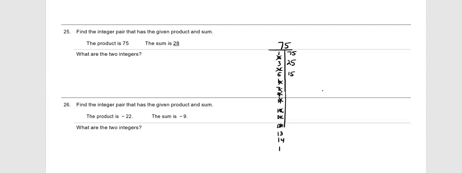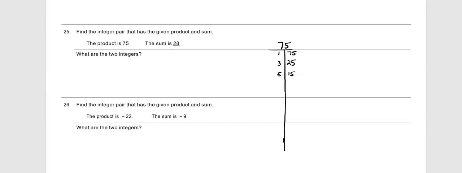We'll find that once we get back down to 14, we'll be going back to the factors that we already have, which would be 15 times 5, and so we don't want to repeat any of those factorizations. So we have only 1 times 75, 3 times 25, and 5 times 15, and those are all the factorizations of 75.